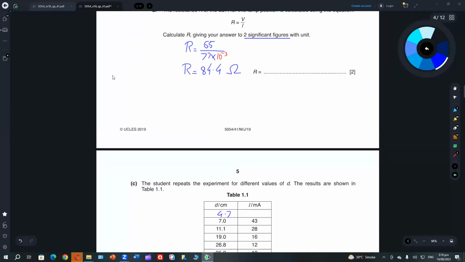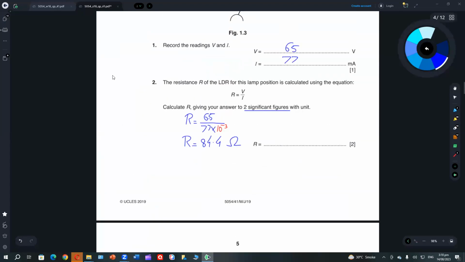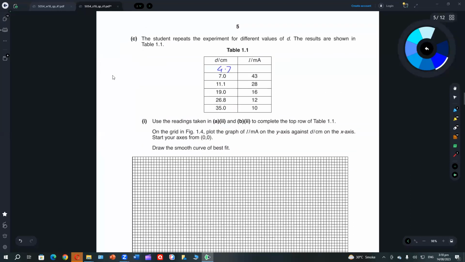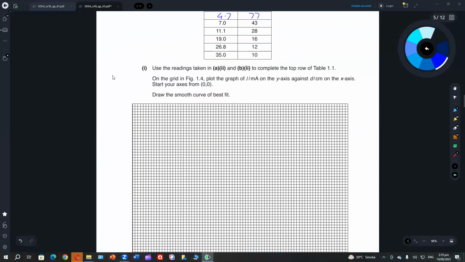And current in milliampere 77. So enter these values. Use the readings taken in the figure to complete the top row of the table. On the grid, plot the graph of current on y-axis and D on x-axis. Draw the smooth curve of best fit.